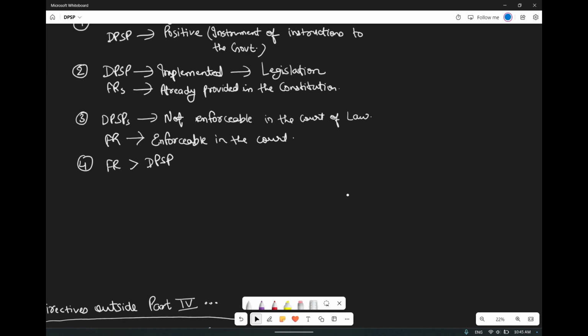See what happened during Indira Gandhi's time: there were scenarios where laws implementing directive principles became unconstitutional.